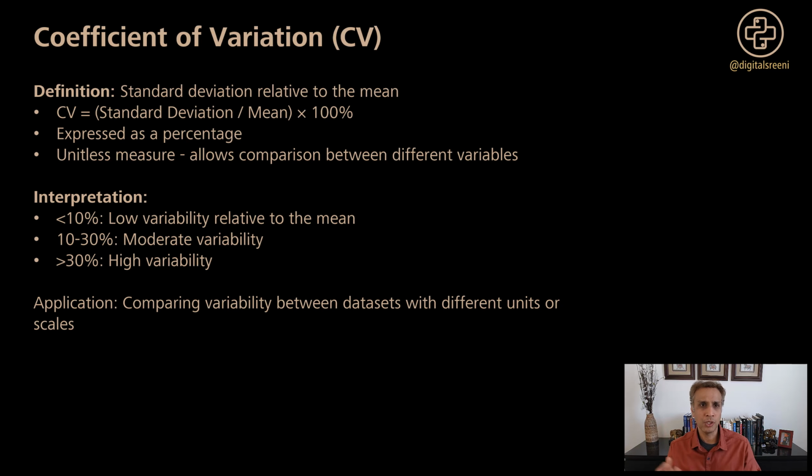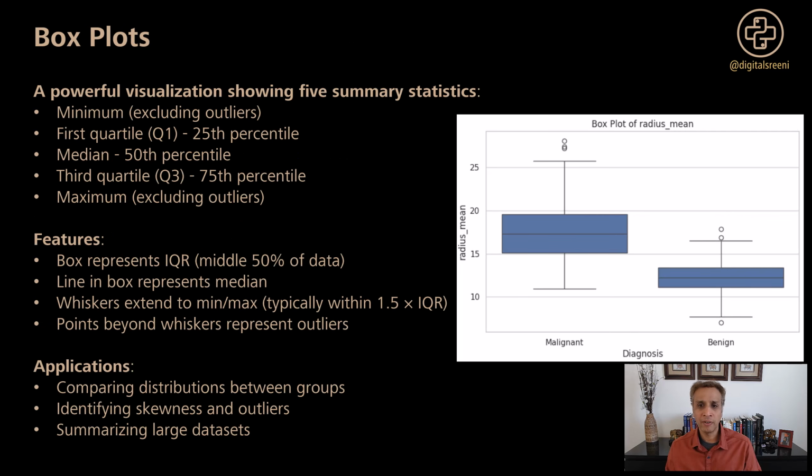How do you compare those? Coefficient of variation tells you, within this age group, the variation is, let's say, 20%. Within this, the variation is something else. That gives you a way of comparing different attributes, even though they may have different scales and different units. So that's basically the coefficient of variation.